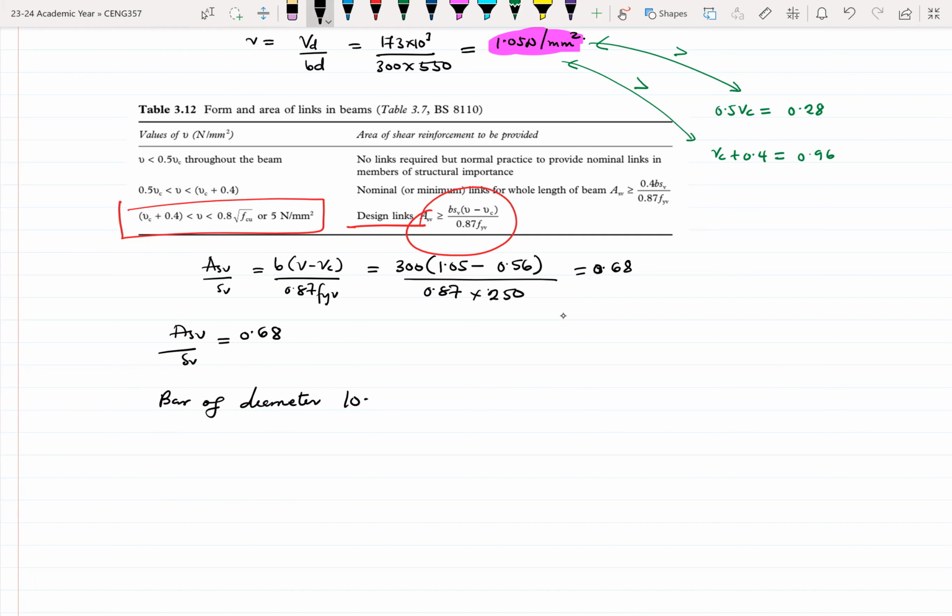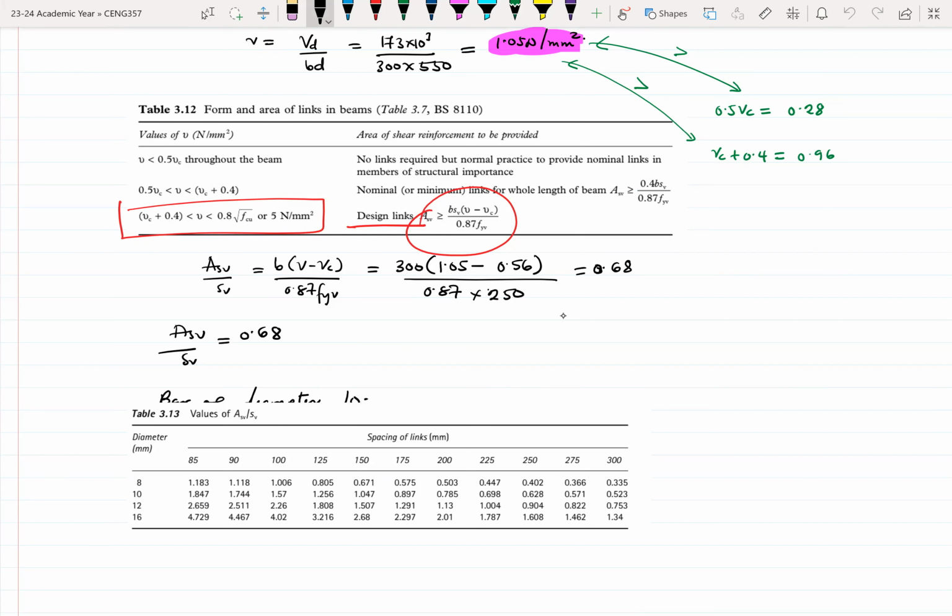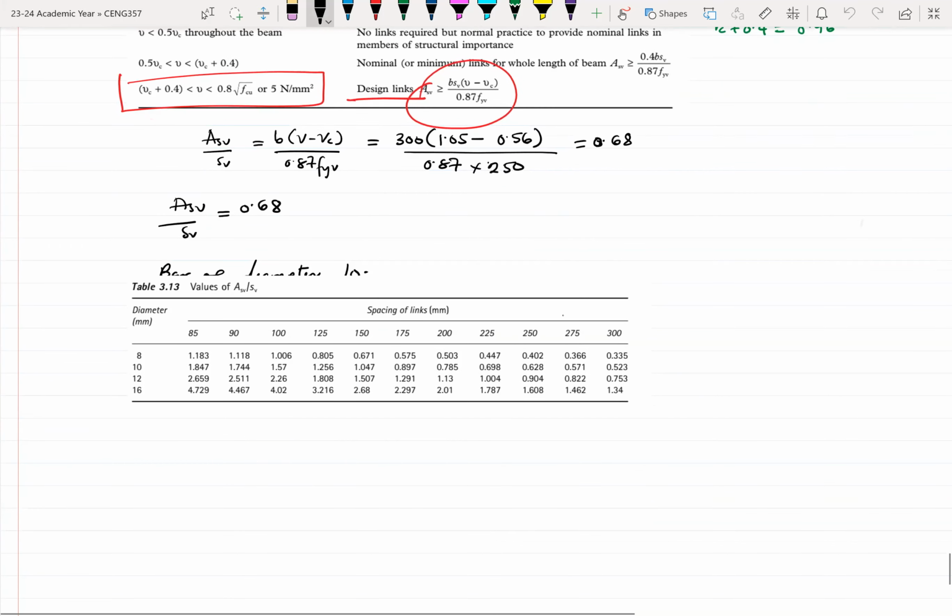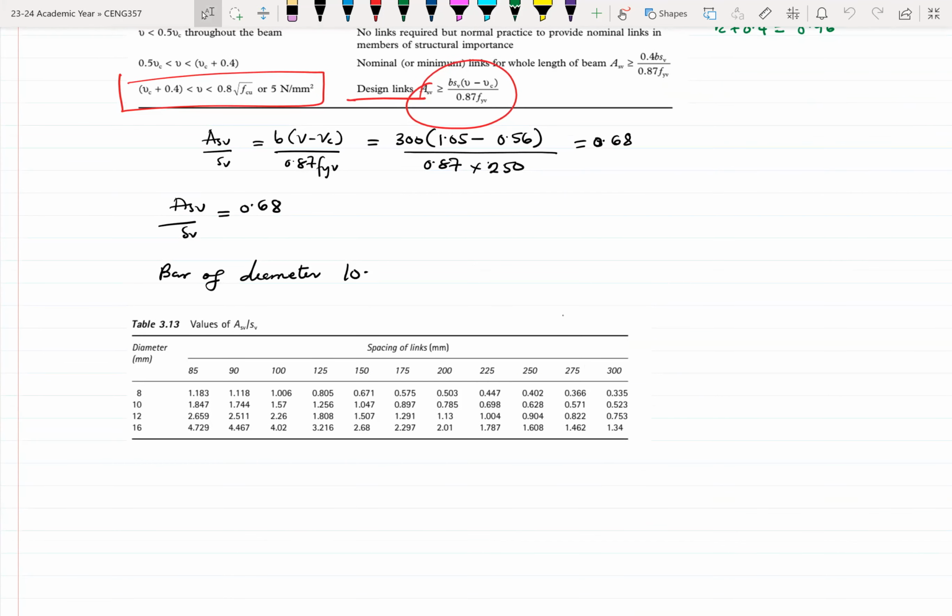So if we are to use the table, I'm going to bring the table again. I'm just trying to show us how all of these things are done. Okay, so finally the table is here.